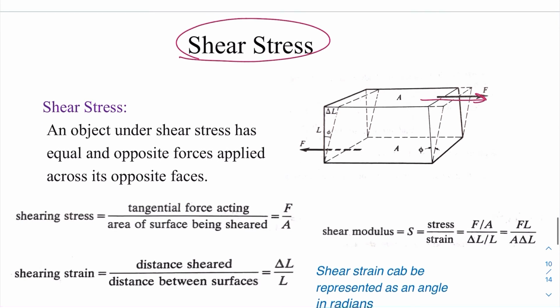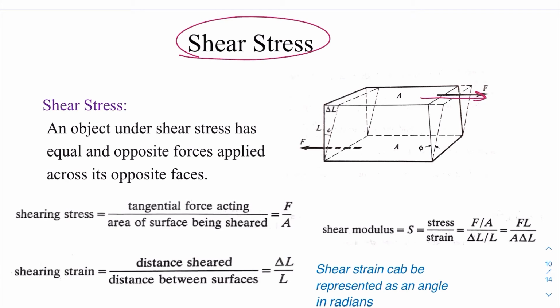So therefore, in this context, we are going to talk about shear modulus, because it's no longer about the decrease or increase in the length. As you see, the object has undergone deformation in this form.